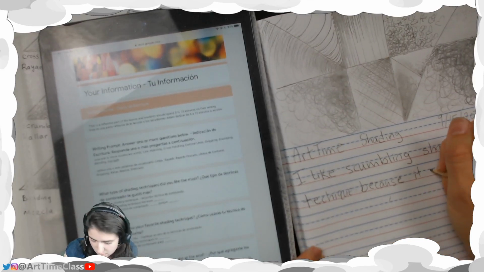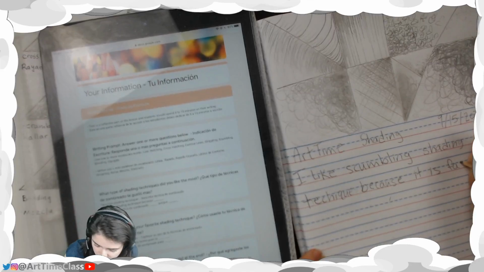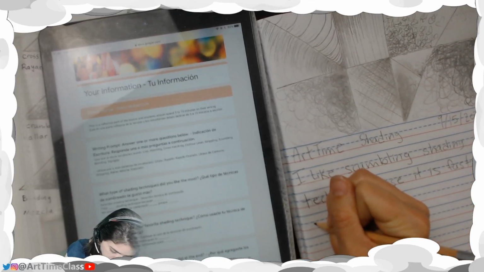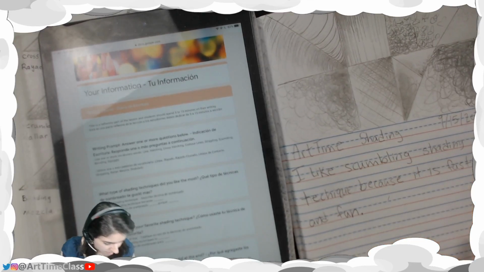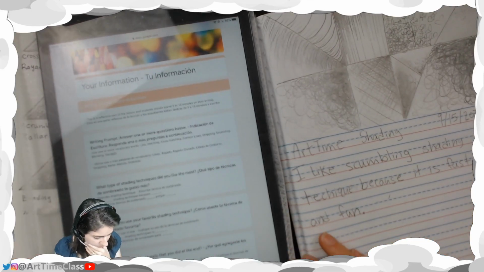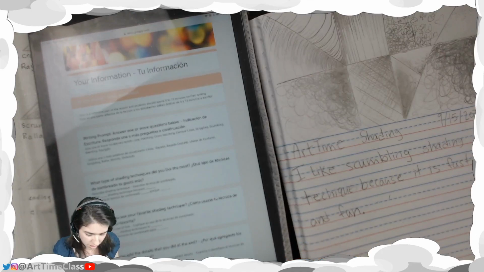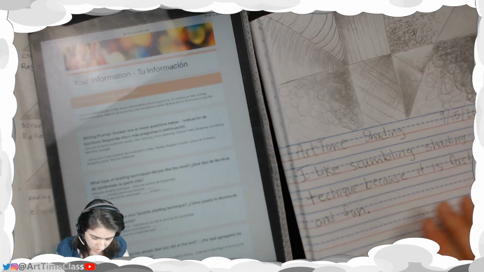Because it is fast and fun. How did I use my favorite shading technique?